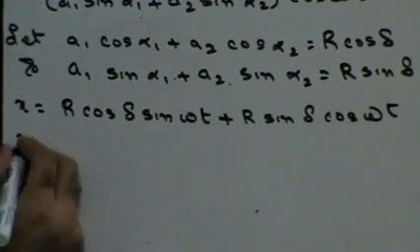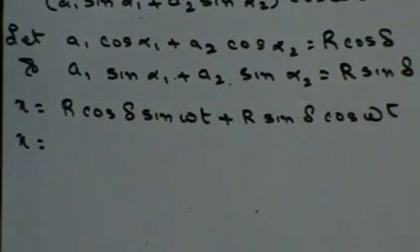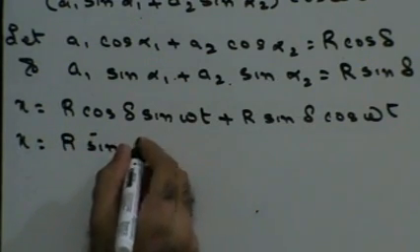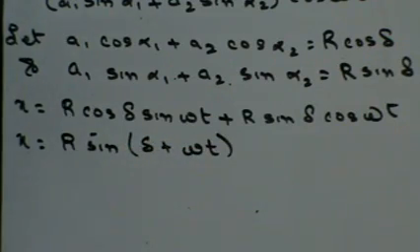Right? So in that case I can say this is sin A cos B plus cos A sin B, which can be written as sin A plus B, that is R sin omega t plus delta. But R sin omega t plus delta represents an SHM, therefore the resultant displacement will also be SHM.